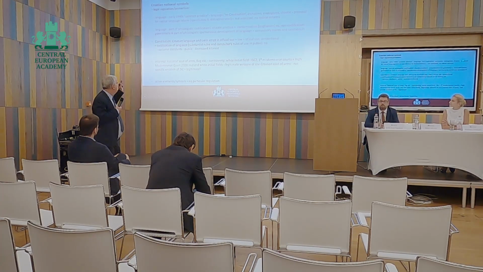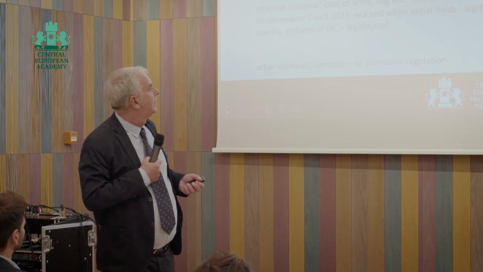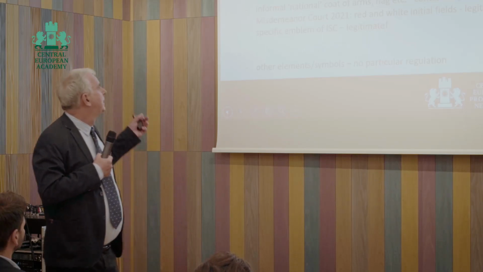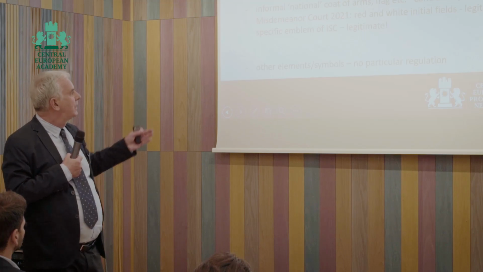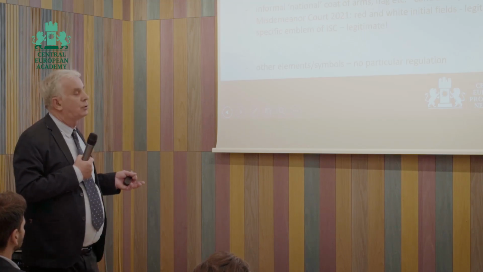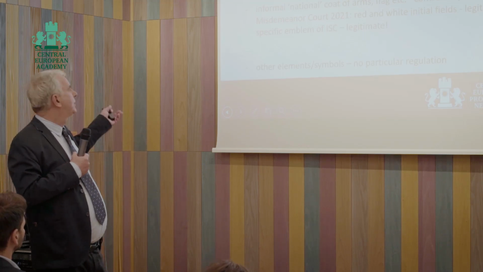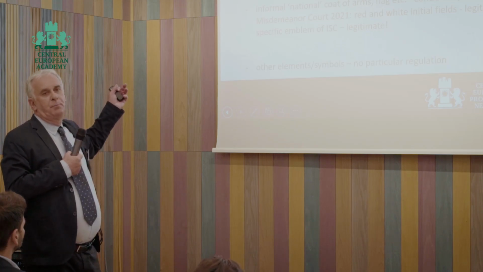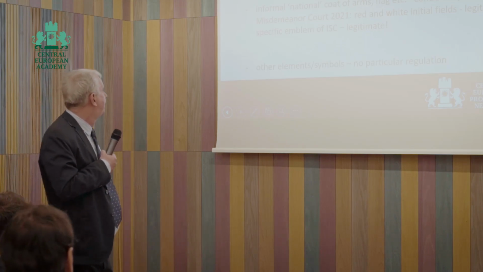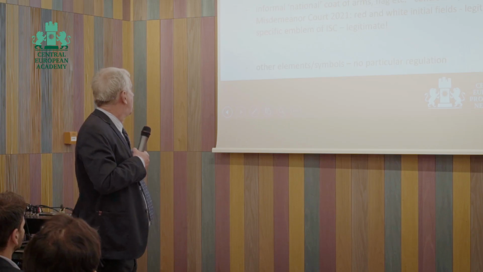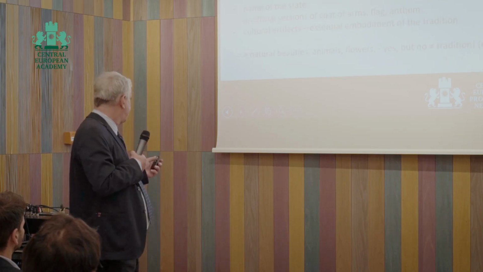And it was last year's judgment of the High Misdemeanor Court that finally probably put the final legal stone, legitimizing the red-white initial field of the Croatian coat of arms, proclaiming it's not specific to the fascist puppet state of the Second World War.